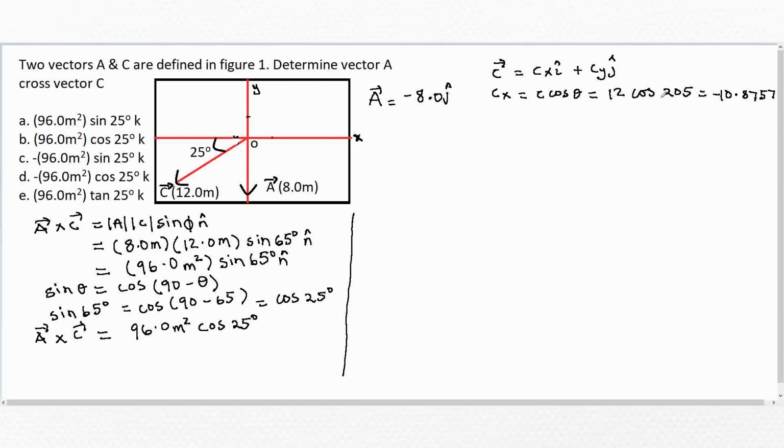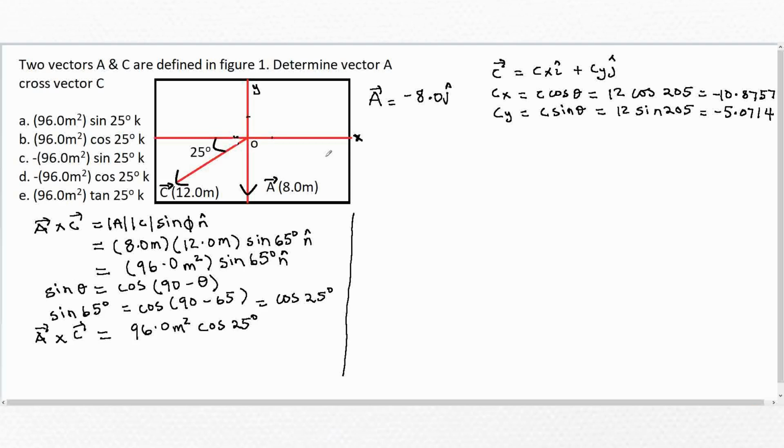So this is the x component of C. Now we can find the y component of C in a similar manner. That is C sine of theta, so we have 12 sine 205, which is negative 5.0714. So this is the y component of the vector C.